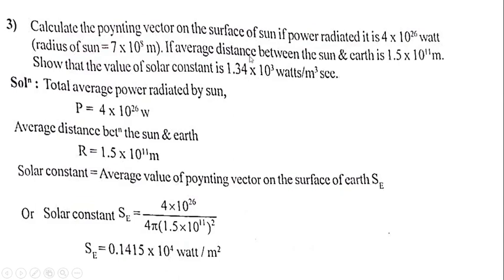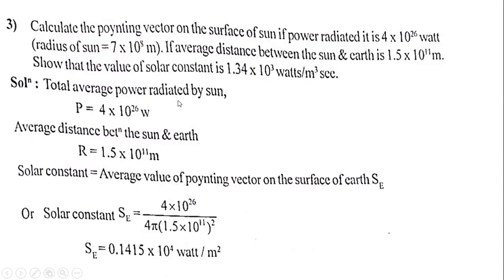If average distance between the sun and earth is 1.5 into 10 raised to 11 meter, show that the value of solar constant is 1.34 into 10 raised to 3 watts per meter cube second.